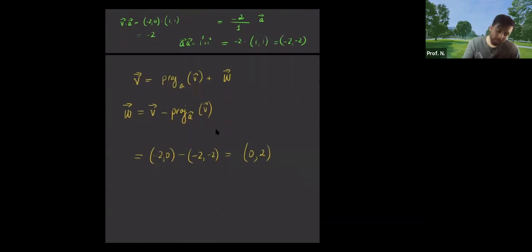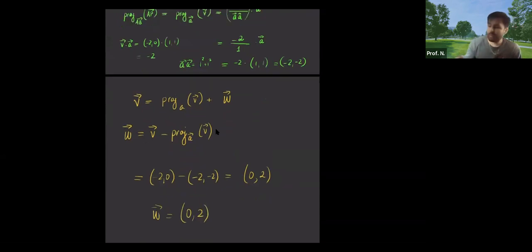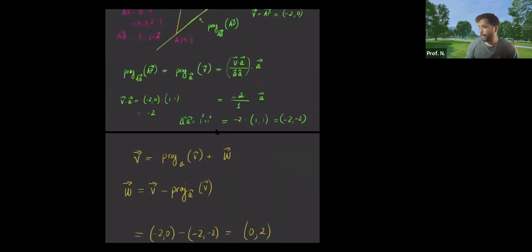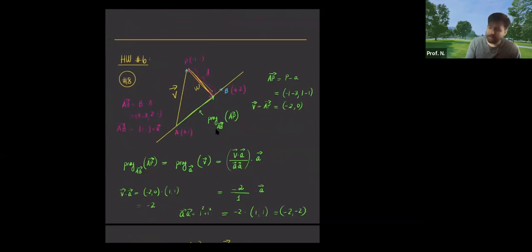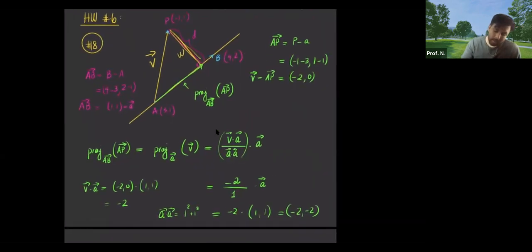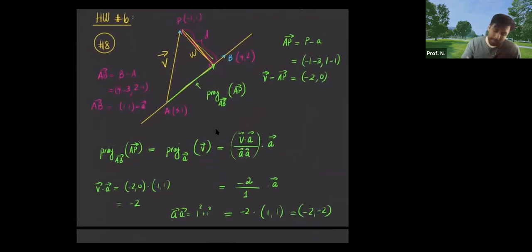So W is 0, comma 2. So this vector here is 0, comma 2. And let me just see if the numbers here match up. 3, 1, 4, 2.